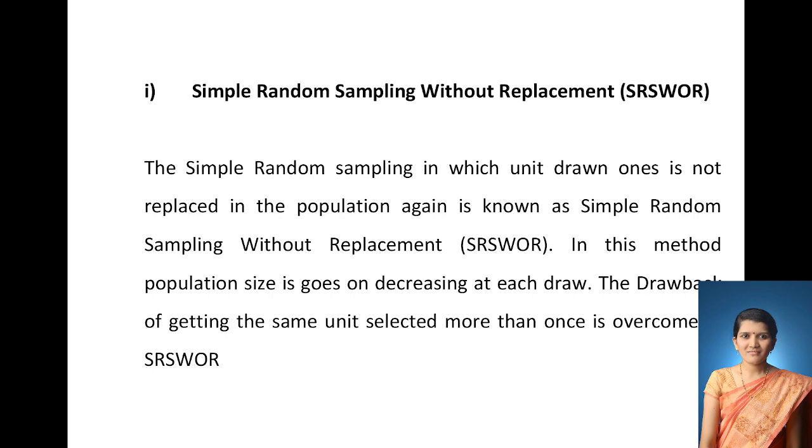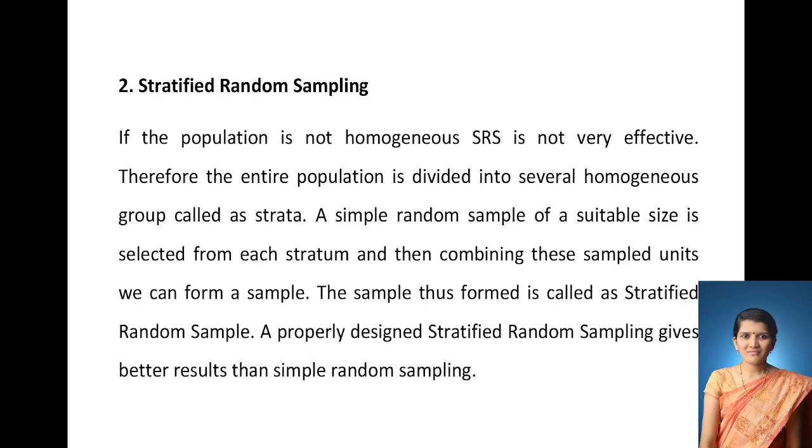In this method, because we get the sample one by one and do not replace the units, the population size goes on decreasing at each draw. The drawback of getting the same unit more than once in simple random sampling with replacement is overcome here, because we are not replacing the unit.